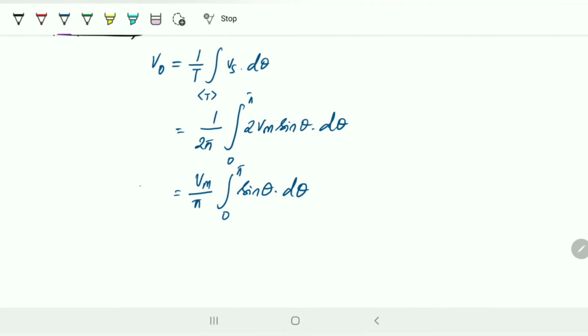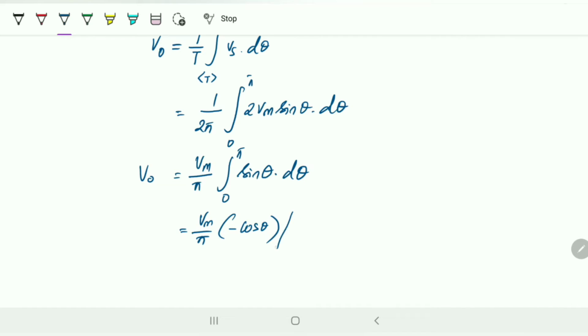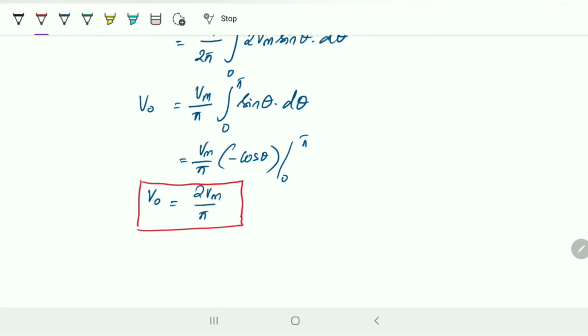The integration of sine gives minus cos theta, with limits 0 to pi. Substituting the values, I end up with 2 Vm by pi. So V naught is 2 Vm by pi. For the half wave rectifier you would have got only Vm by pi, so the old value is doubled.